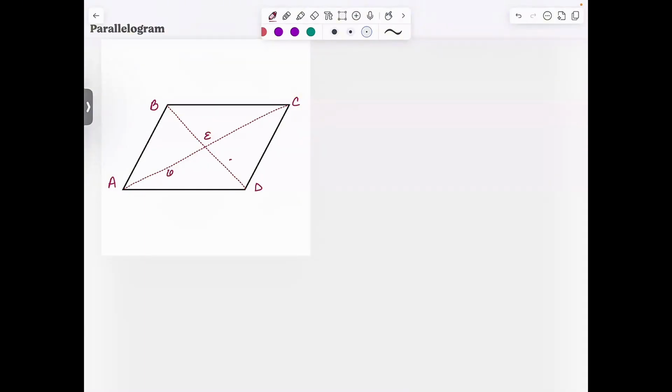If I know 6, and these are arbitrary, and they want to know, for instance, what is segment EC? What's the measure of that? And what is the measure of BE? You can automatically say, well, I know this is congruent to that, and these two are congruent to each other. So AE is congruent to EC, and BE is congruent to ED.